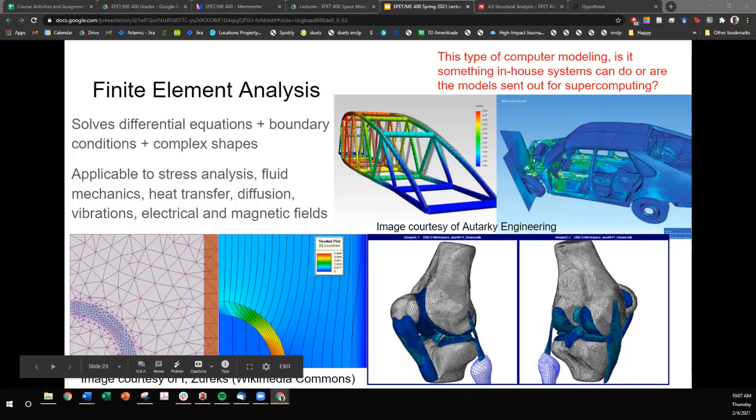You can also use it for biomechanics. So here you'll see a knee joint with the cartilage and bone meshed up, and you can see what the stress is like on these different ligaments. Here on the bottom is an electrical and magnetic example.